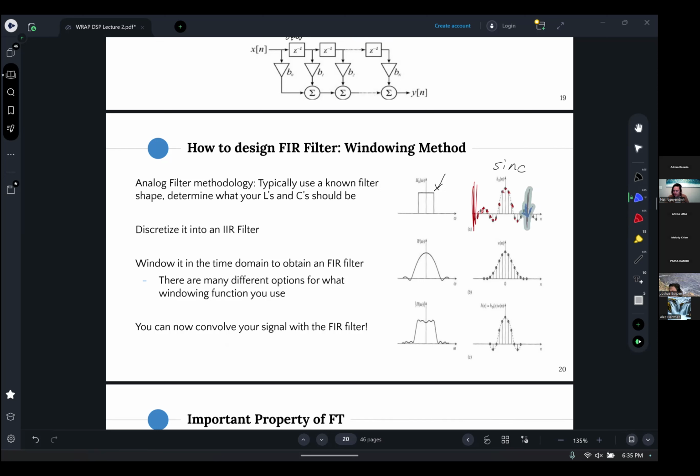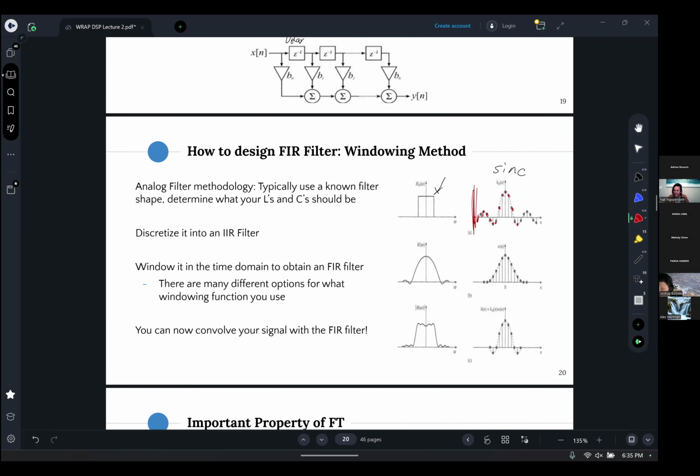So different windowing functions might lessen the impact. But you don't have to worry too much about that. Just know that they exist. And then after that, you get the discrete points that represent your impulse response, and then you can convolve your input signal with this FIR filter.